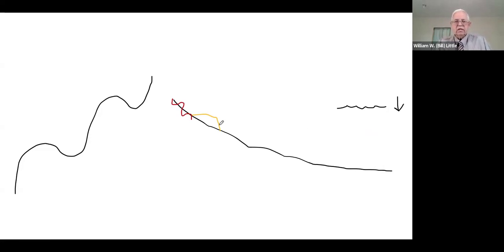But as base level continues to fall, we're going to see a downstepping of these parasequences. And so what we're looking at, if we go over here, here's the high stand. This little point right here is the maximum rate of fall.